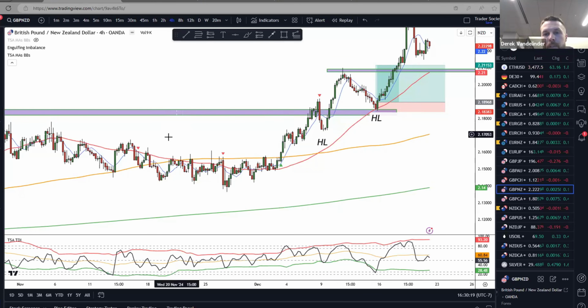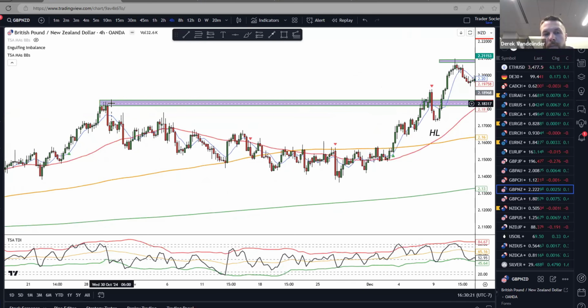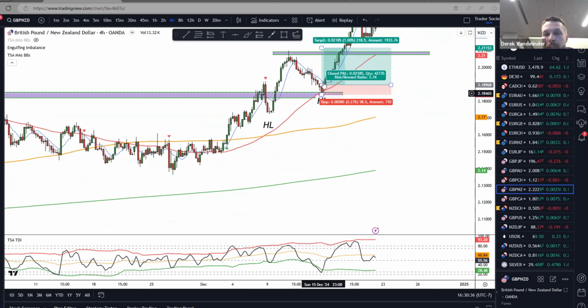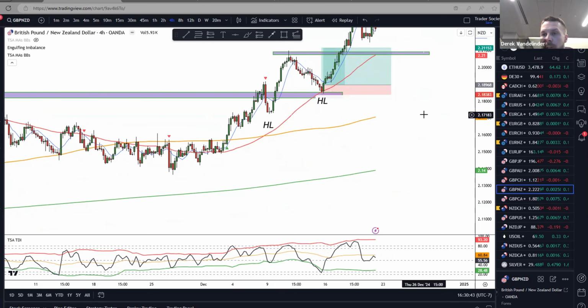But the other confluences are we have resistance. We finally broke that resistance. Now we're going to retest that resistance, which is going to turn it into a support. And the higher low right there is going to tell us that, hey, the higher low with that engulfing candle is going to keep pushing up. Plus, we had the 50 moving average with us as well.